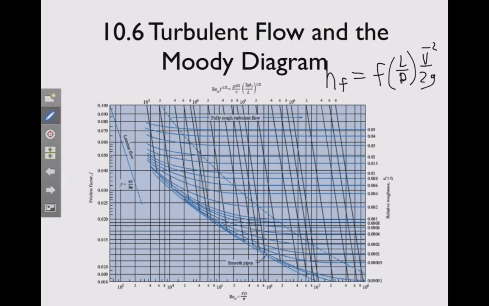So remember, this is the reason why we're trying to find f, so that we can find head loss. If we know the head loss, this equation right here comes from Darcy's law. We can plug that in and find out which of these black lines we're on. And for instance, if we know the friction factor, we'd be able to find the Reynolds number, or if we knew the Reynolds number, we'd be able to find the friction factor. So this table can be used, if we already know the head loss, to find other characteristics of the pipe if we know, say, the flow in the pipe or the Reynolds number.